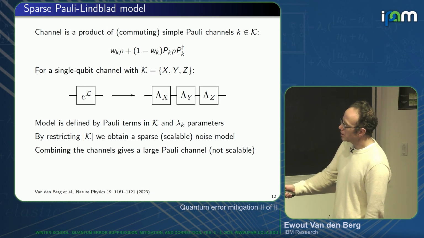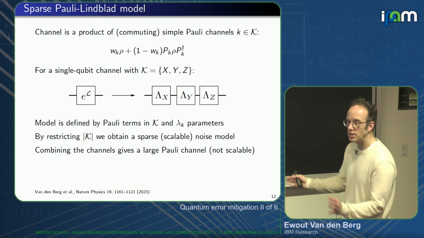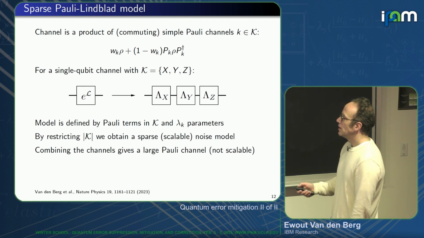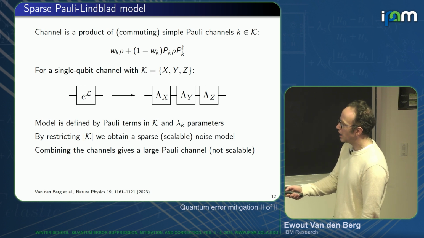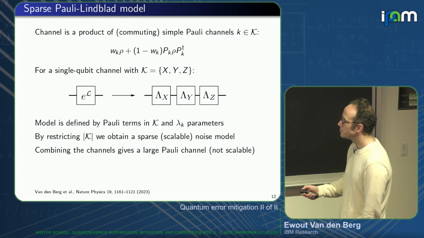So if you have a single qubit channel and your set k is Pauli x, y, and z, then this would just be some Pauli channel x, some Pauli channel y, some Pauli channel z in arbitrary order because they commute. Right? So the model in that case is just defined by which Pauli terms you include in your model and what are the associated parameters lambda.